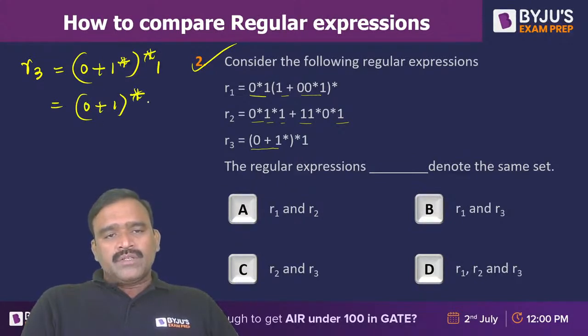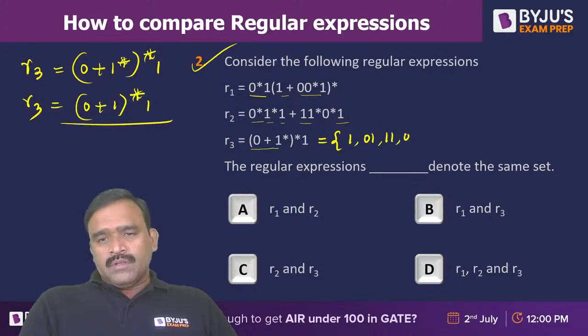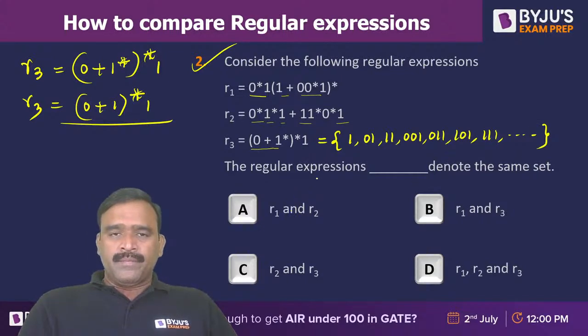It is all combinations of zeros and ones ending with 1. Like we can have a single one here. 0 1 possible, 1 1 possible, 0 0 1 possible, 0 1 1 possible, 1 0 1 possible, 1 1 1 possible. So this type of strings, all combinations of zeros and ones ending with 1.